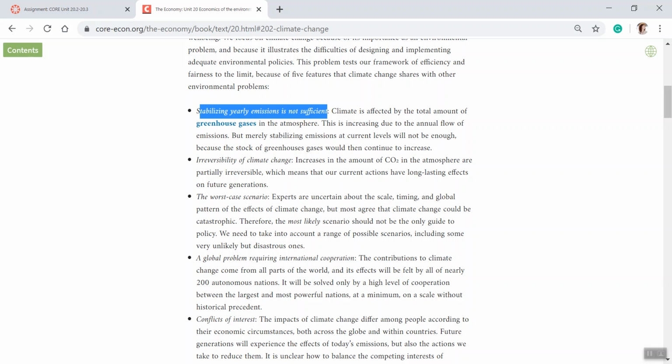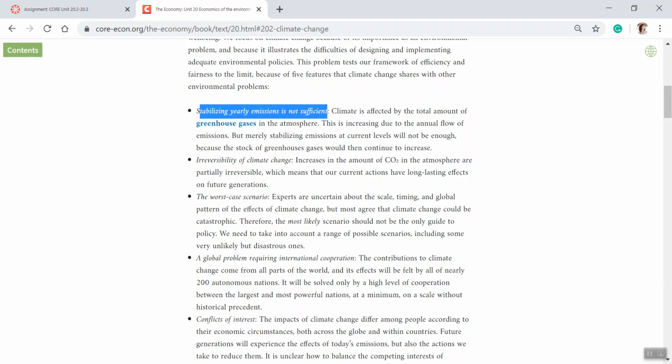If we stop producing carbon, then carbon is going to get reduced because there is a little bit of elimination in the environment, by plants absorbing it and soils absorbing it. So carbon does get absorbed, but it just doesn't get absorbed as fast as we produce it.